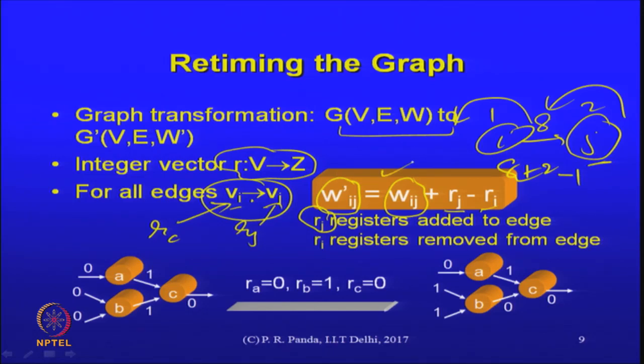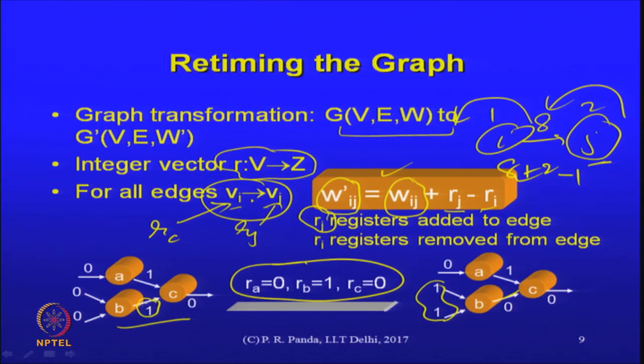Right. So, in this example, if I start with this and I use a retiming vector for the whole graph being 0 1 0 for A, B and C, then the implication is that one register is taken from the output of B and that is moved towards this. Right. So, the new edge weight is 1 minus 1 because that one is taken away.